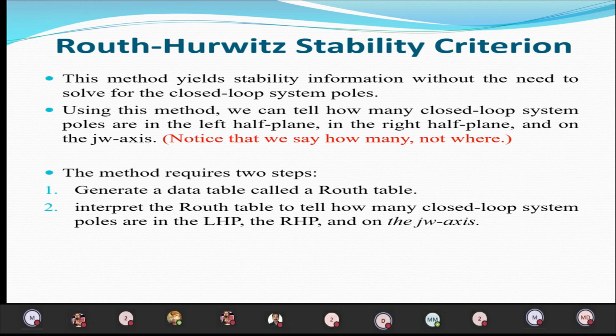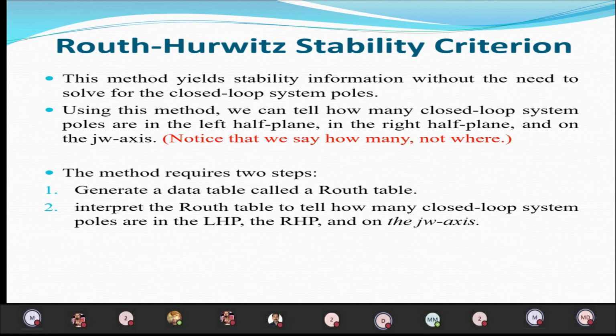In this method we have two steps. First, we construct the Routh array or Routh table, and from that we interpret the stability, determining whether the poles are located in the left half or right half of the S plane.